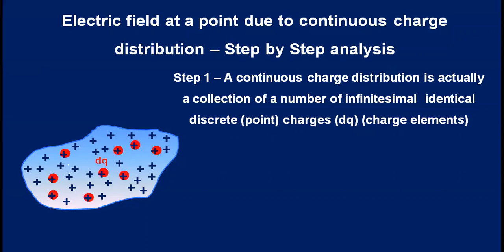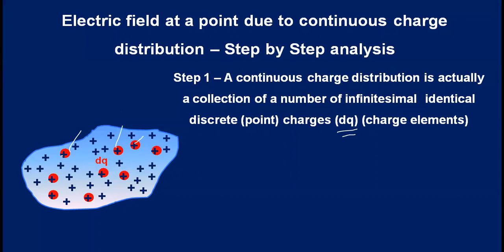You will have millions and millions of such discrete charges in the case of a continuous charge distribution. Just like a straight line is composed of several dots which are closely packed with each other, a continuous charge distribution is a collection of a number of infinitesimal identical point charges, each of magnitude dq. Infinitesimal charge means the magnitude of charge dq will be very close to 0. It's not actually equal to 0.